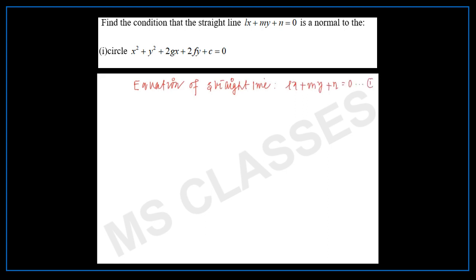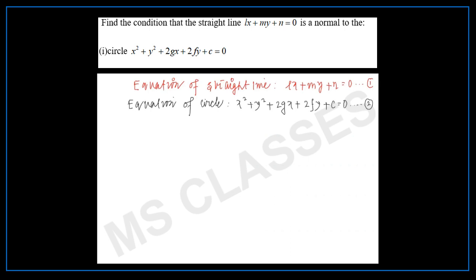Now we take the equation of the given circle. The given equation of circle is x² + y² + 2gx + 2fy + c = 0, which we take as equation 2.